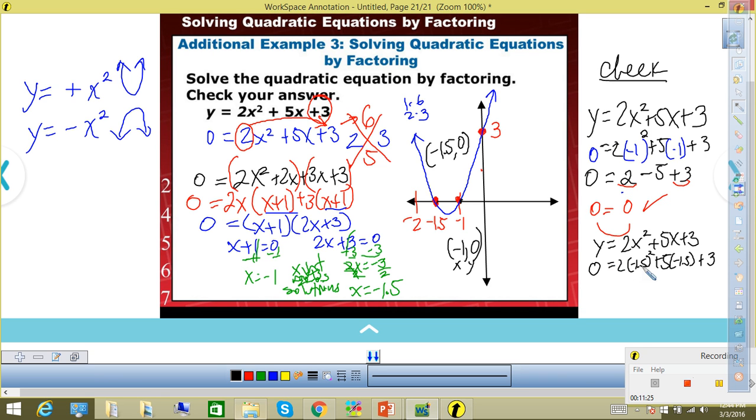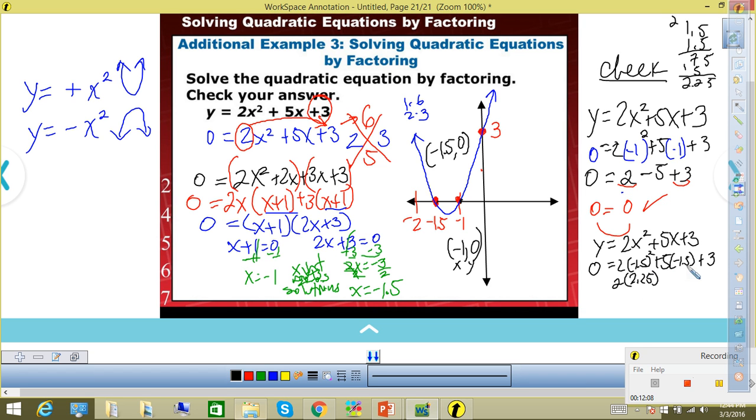Times negative 1.5, because that's squared, right? 1.5 times 1.5 is 2.25.